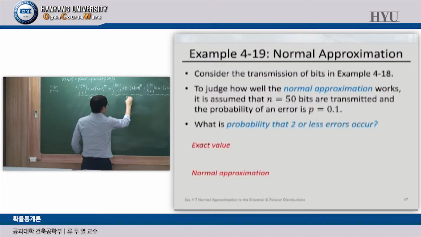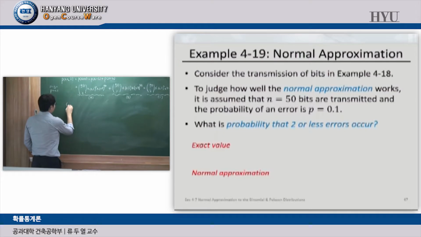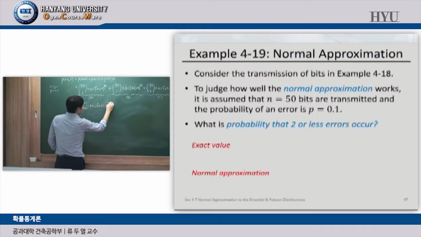This is A, this is B, and this is C. A will be 50 factorial over 0 factorial times 50 factorial, times 0.1 to the 0th power, times 0.9 to the 50th power.